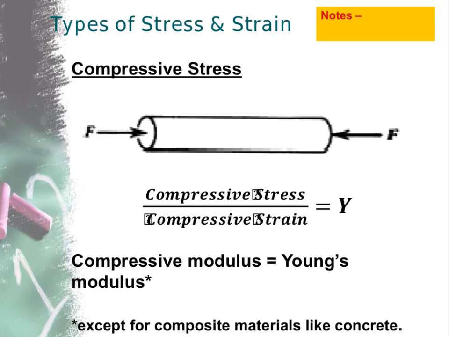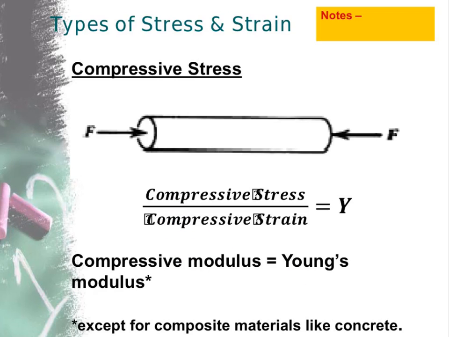In most materials, the compressive modulus, in other words the modulus we get from taking stress divided by strain in compression, is equal to the same modulus in tension. So when you're dealing with compressive stress, again, you can use the Young's modulus. We don't have to have a separate modulus for most materials.